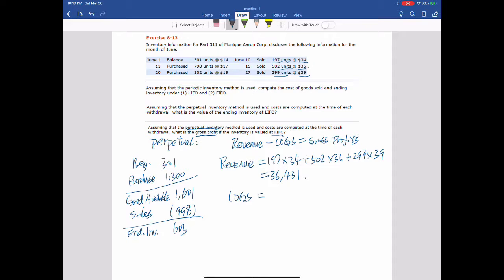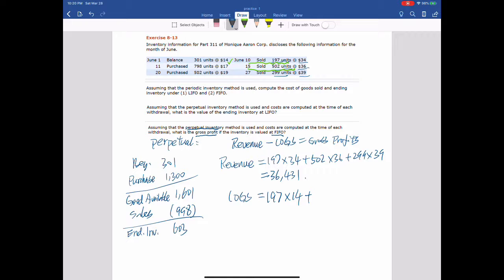Because it's FIFO, first in, first out, using the perpetual inventory method, the first sale is 197 units. On June 10th, the inventory available is the beginning balance. The cost of goods sold is 197 multiplied by 14. The next one is 502.